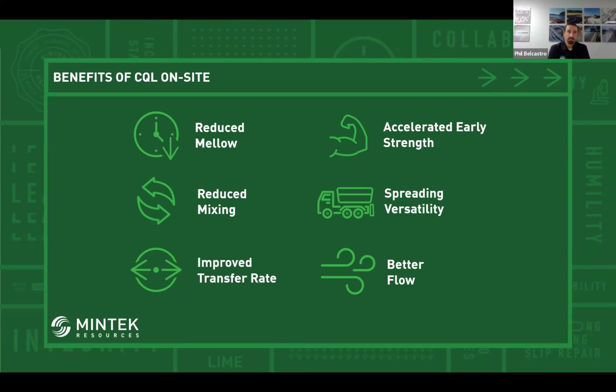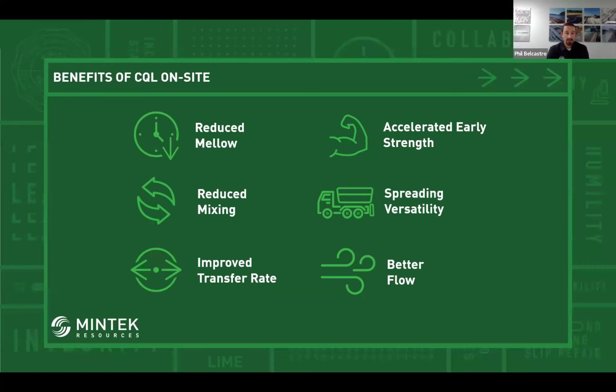If you've got the time, the manpower, the equipment laying around, a second mix is never a bad idea. But back to my first point about the reduced mellow, I like that second mix if you can get on a little bit quicker. Let those bonds form. Modifications can be happening, but single pass mixing for almost every soil type is all you're going to need.